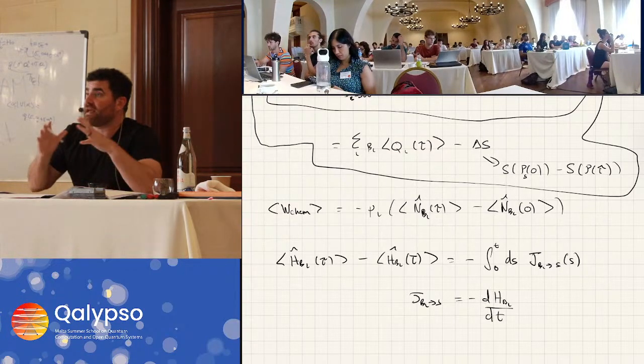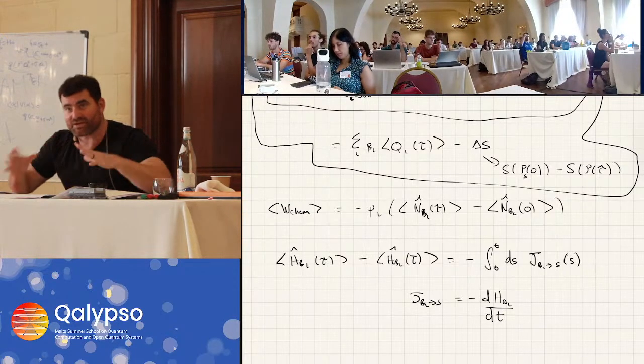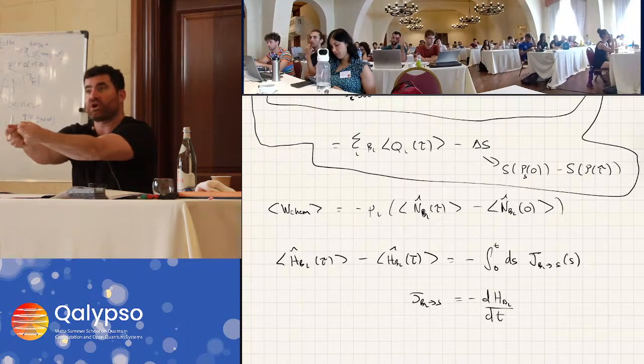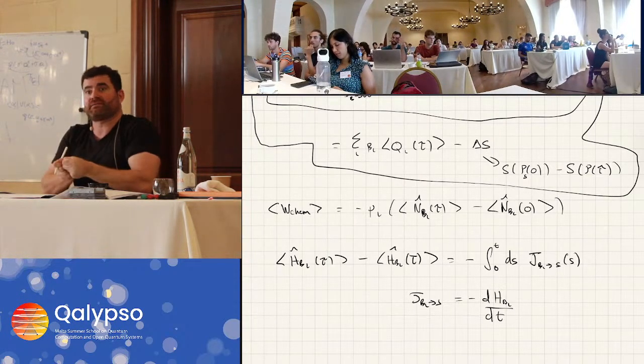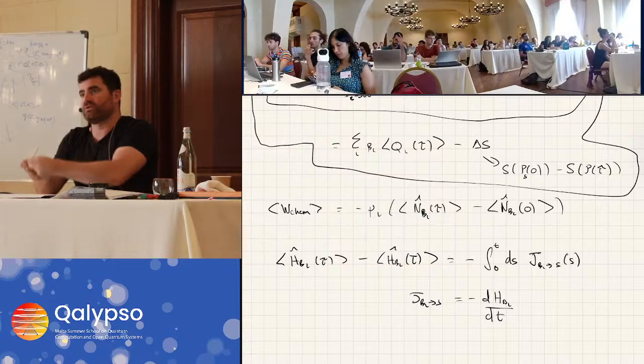As an experimentalist, you wouldn't measure the actual change of the bath's energy. You would measure a current coming from the bath to the system and time integrate that. It's equivalent. You can do the same for the particle currents.